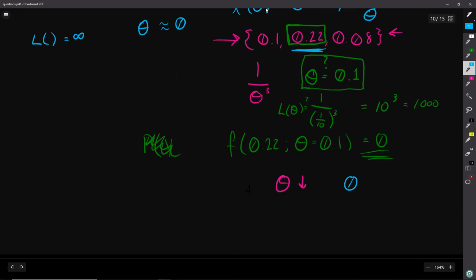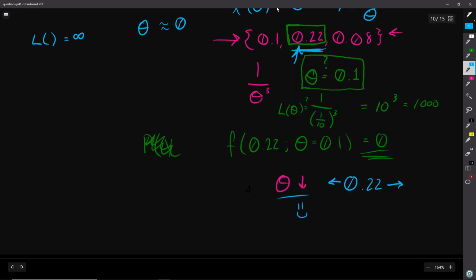Any value that's smaller than 0.22 makes 0.22 impossible to have been observed, because 0.22 would be bigger than theta. Conversely, if we take anything that's bigger than 0.22, well then we could make the likelihood larger by dropping the value down to 0.22, right? Because small theta is good theta.